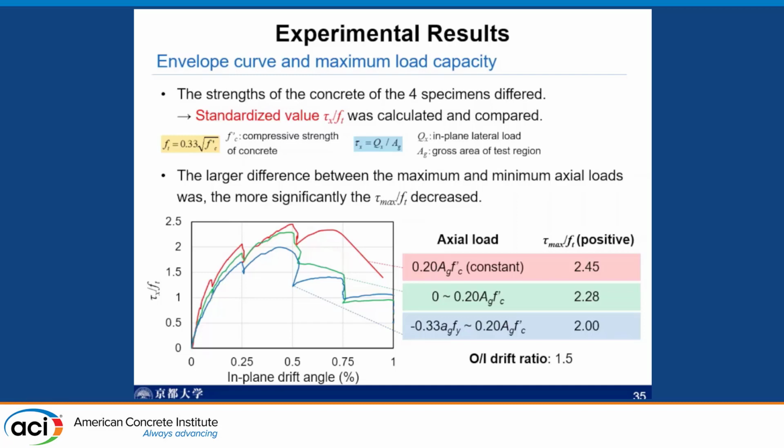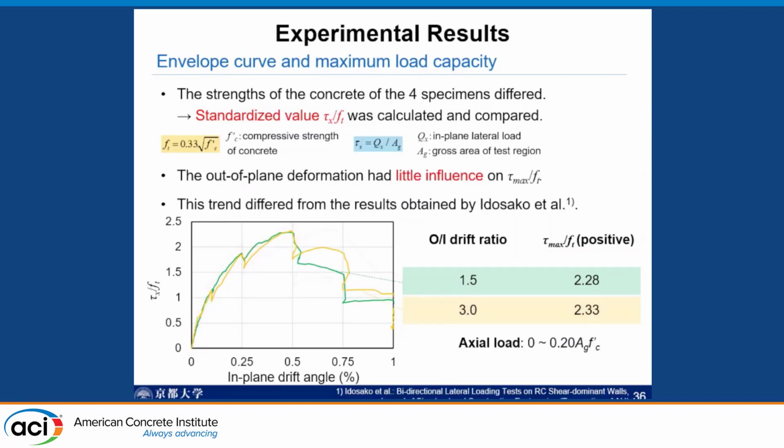So then the y-axis shows 1.0, 2.0, and then we can now compare those specimens. And then if we have the constant axial load, the capacity is the largest, like this.